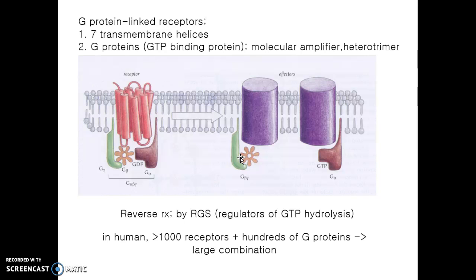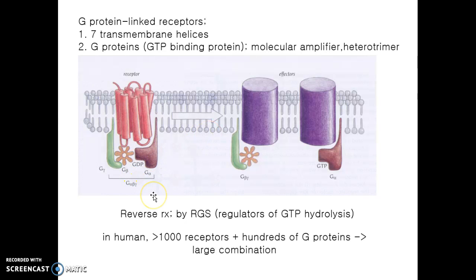Both the alpha subunit and the beta gamma heterodimer can independently transmit the signal received from the receptor to different effector molecules. G proteins bind guanine nucleotide, hence the term G protein, and act as a molecular switch that is activated by binding GTP, and inactivated when the GTP is hydrolyzed to GDP.